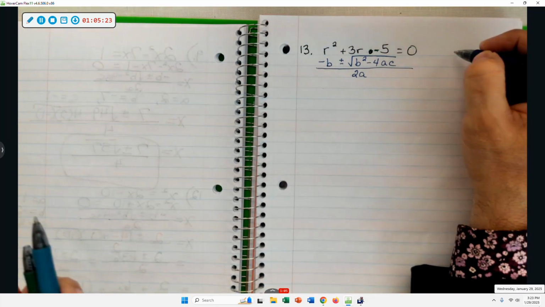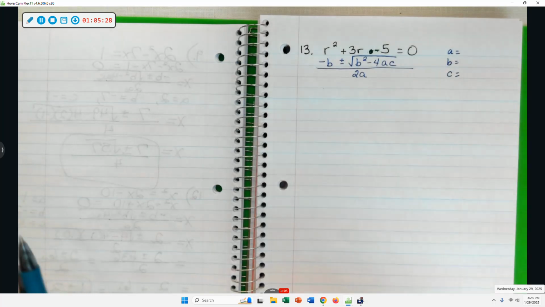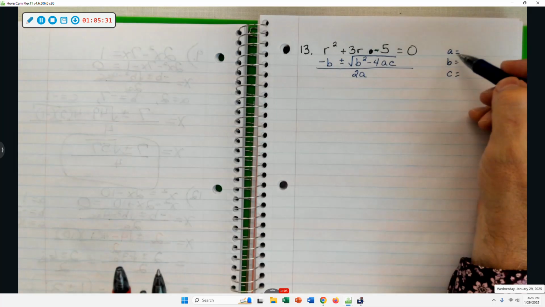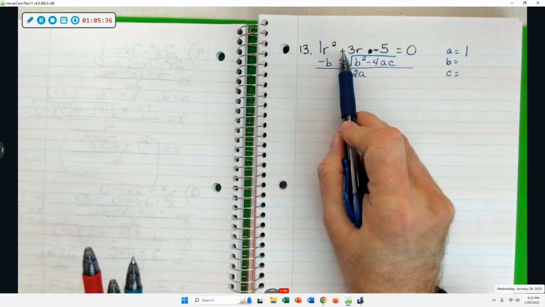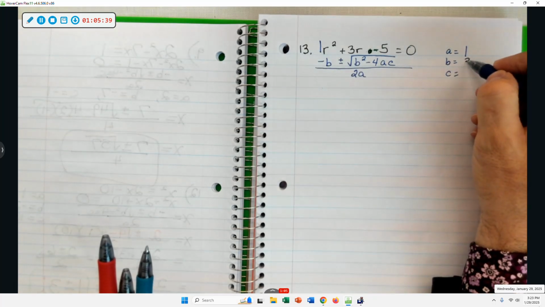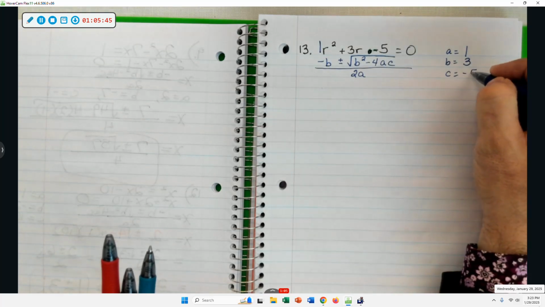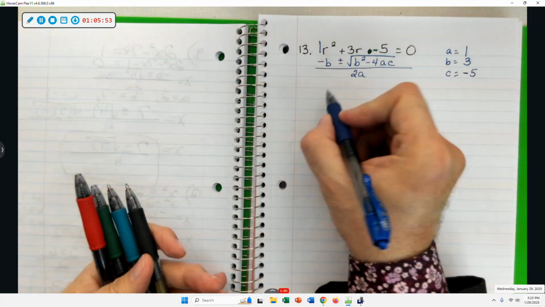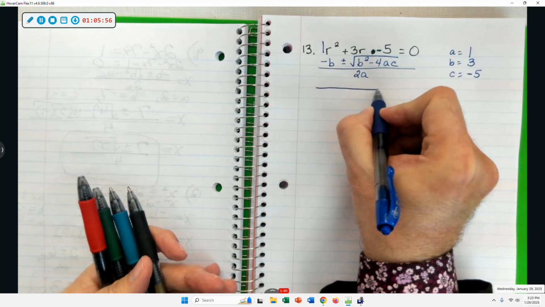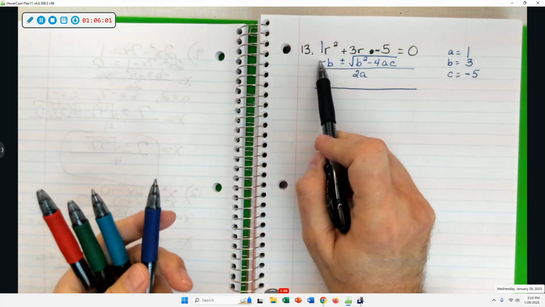Yeah. So let's write out a equals, b equals, c equals. What number is a? 1, that's right. b is 3. It's a positive 3. And c is negative 5. Oh, finally we have a b that starts off positive. Okay. So now we'll start plugging in. Negative b.